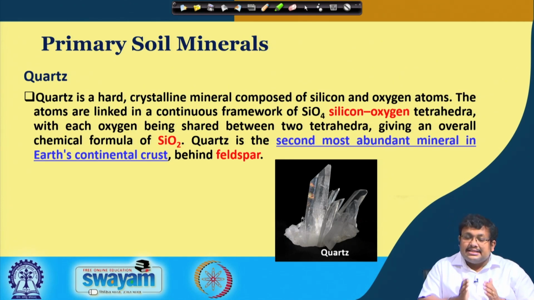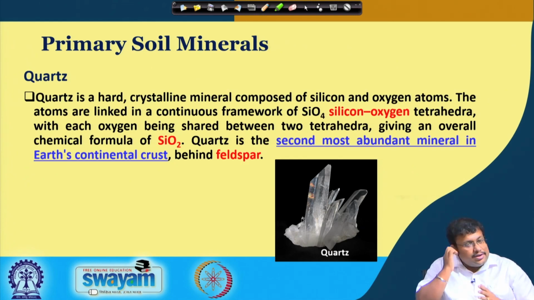We discussed this tectosilicate structure in our last lecture when we discussed the classification of soil silicates. Quartz is an example of a tectosilicate, which is a 3-dimensional and stable structure. Quartz is the second most abundant mineral in the earth's continental crust behind the feldspar. This is an example of the quartz mineral.